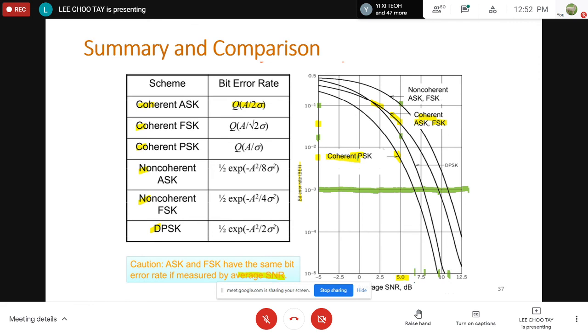So this one is for coherent PSK. All right, and this one is the DPSK, the power required. And this one is for coherent ASK and FSK. All right, and then this one is for the non-coherent ASK and FSK.